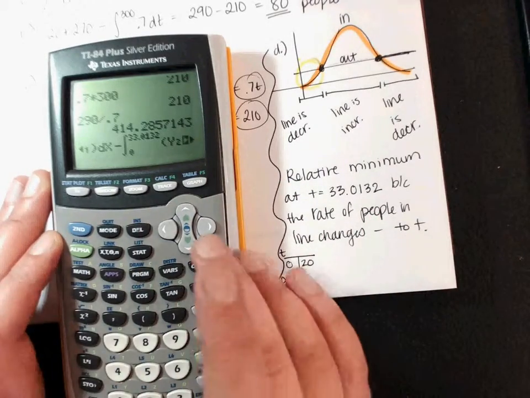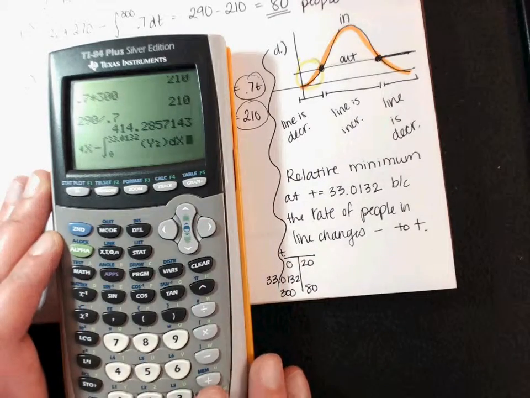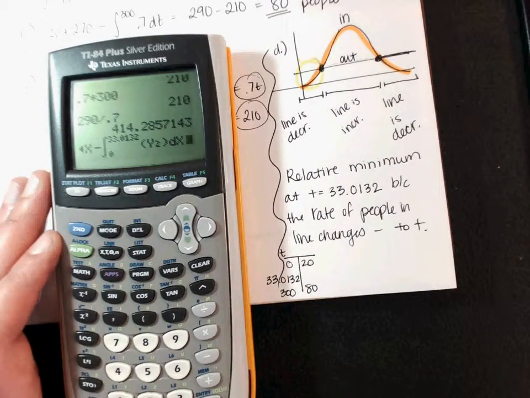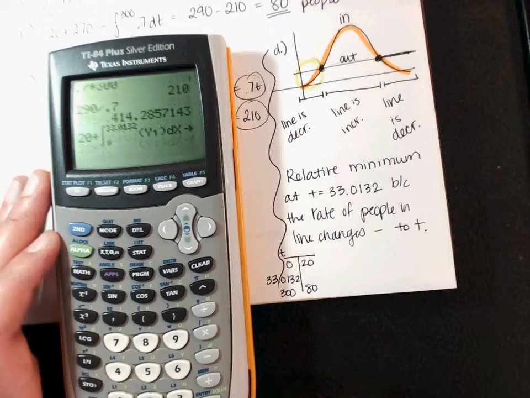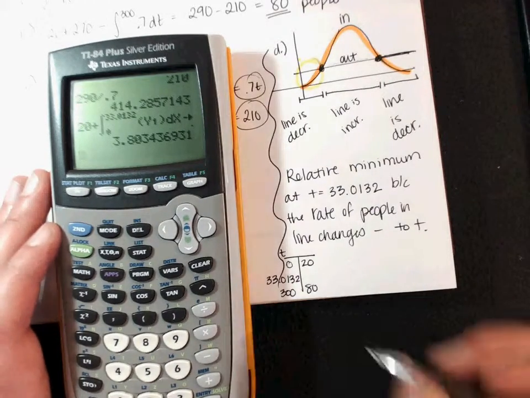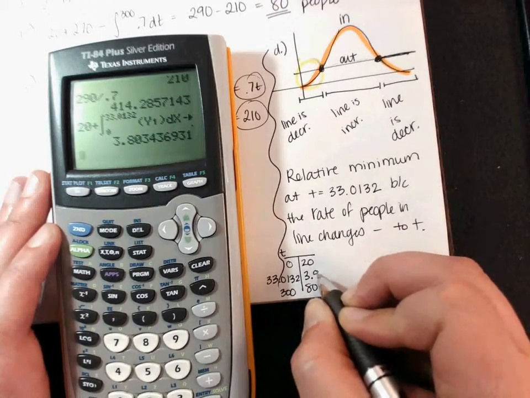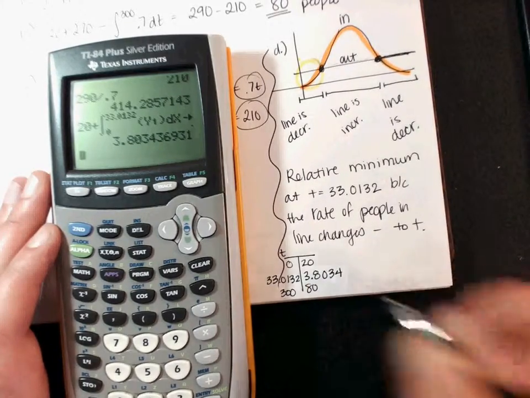And remember, my y2 is just that 0.7. So I'm saying there were 20 people in line, plus how many went in, minus how many went out. Okay, at that time, there are 3.8 people in line, which is obviously going to have to be rounded.